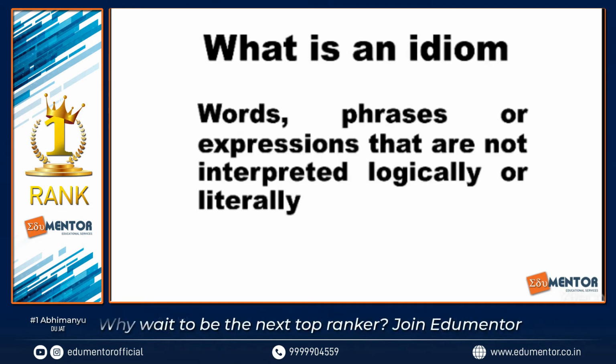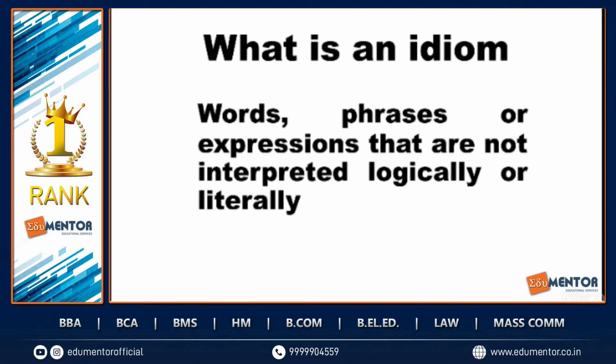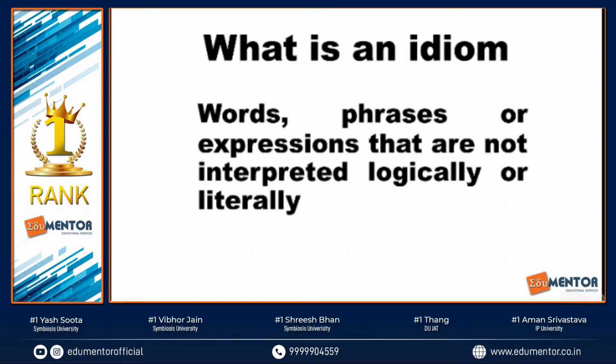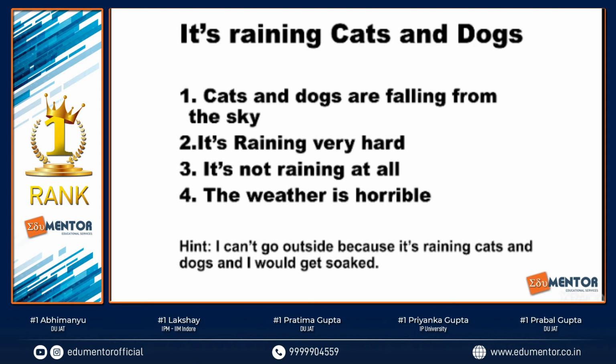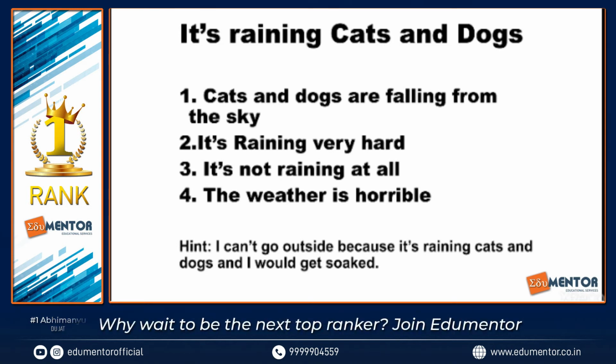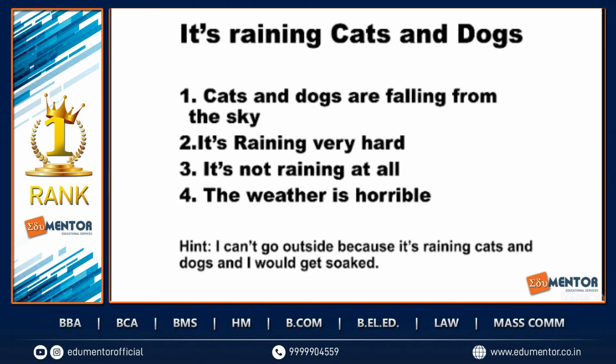The first one that says cats and dogs are falling from the sky is not even plausible to begin with. So by that very logic, we can eliminate the first option. The second, third and fourth are: it's raining very hard, it's not raining at all, the weather is horrible. The correct option is it's raining very hard. So that is the meaning of the idiom it's raining cats and dogs.